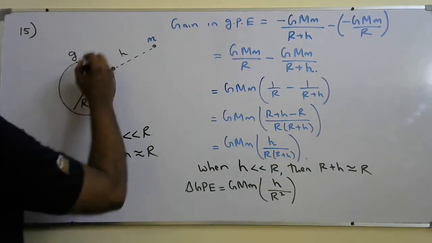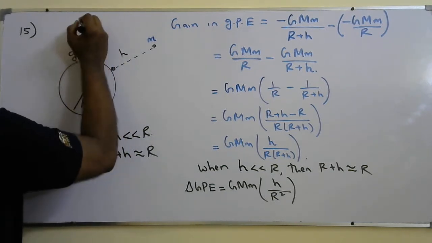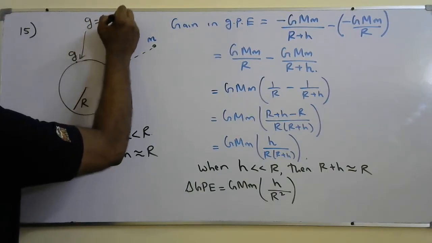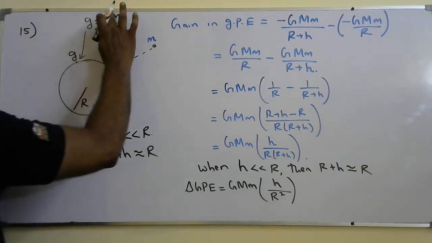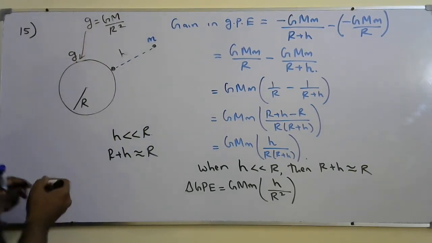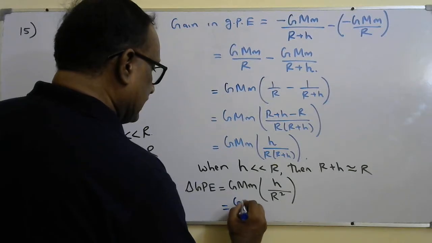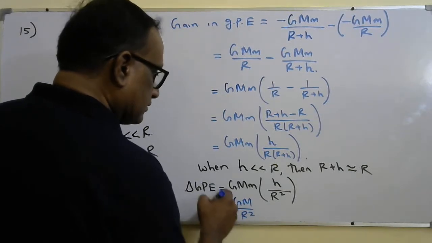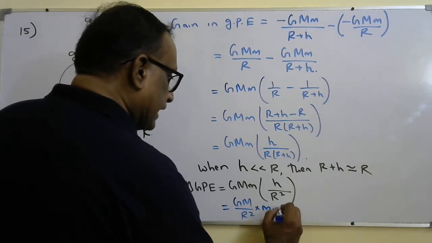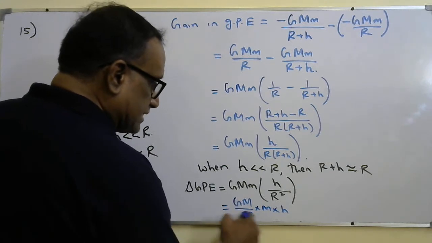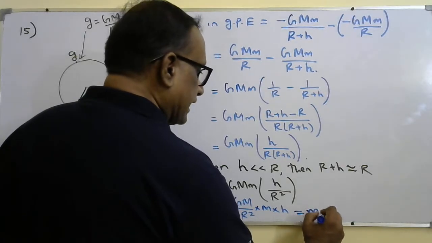But we know the gravitational field strength on the surface of Earth is given by g equals GM over R squared, where M is the mass of the planet. I can rearrange this as GM over R squared times m times h, where GM over R squared is g, the gravitational field strength. So it's going to be mgh.